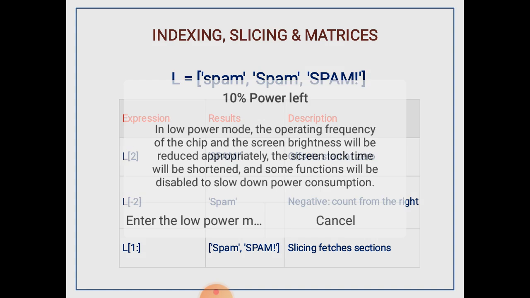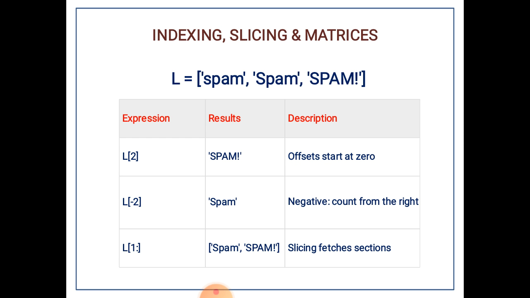Next, indexing, slicing and matrices. L[2] gives the last element here, because the indices are 0, 1, 2, remember 0, 1, 2, and the right one is at -1, so -2 will be the middle one. L[1:] starts from the first index till the end.